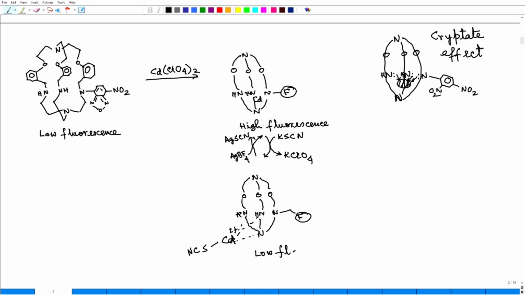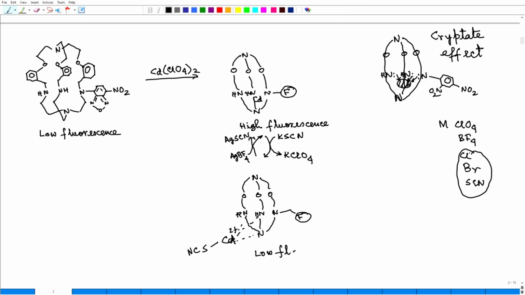Another important part: you see, metal can have a perchlorate salt, BF4 salt, or metal can have chloride, bromide, etc., or thiocyanate, azide. These are called coordinating anions.